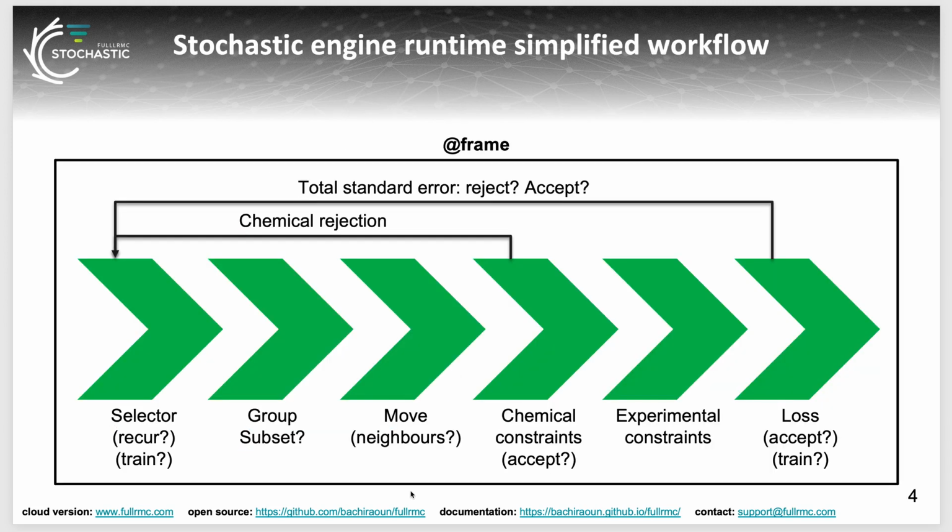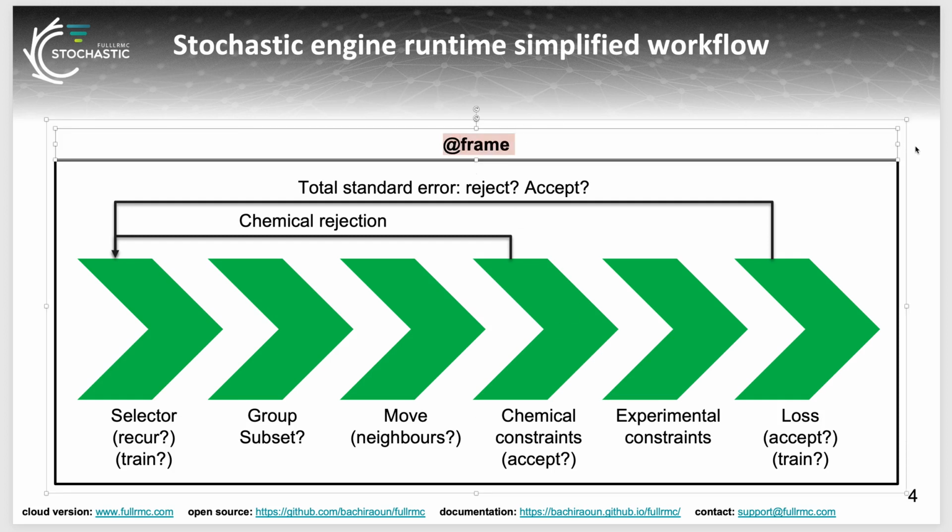All right. Now I will take the rest of this session to dig a little bit deeper to get to the first layer of full RMC. In a nutshell, this is a simplified workflow of the full RMC engine. Notice here that I have add frame.